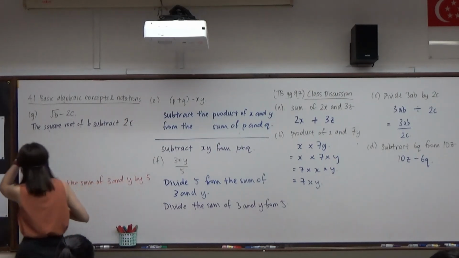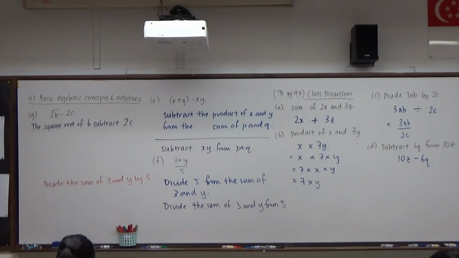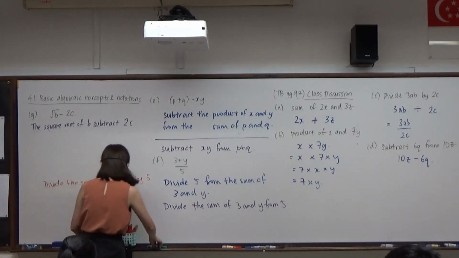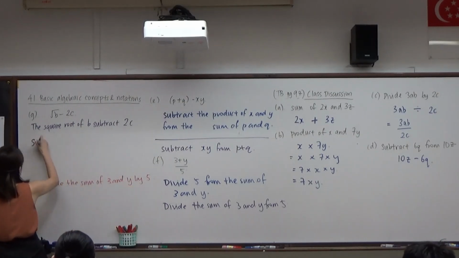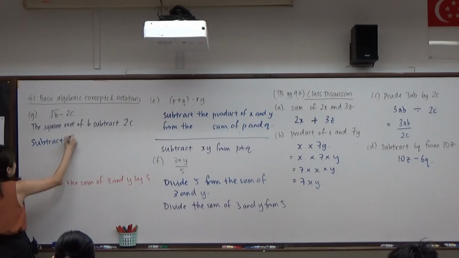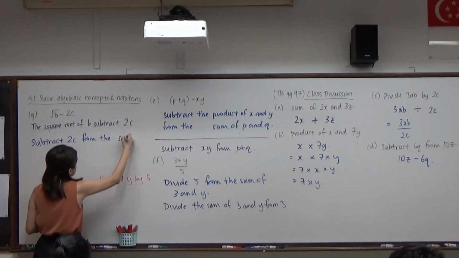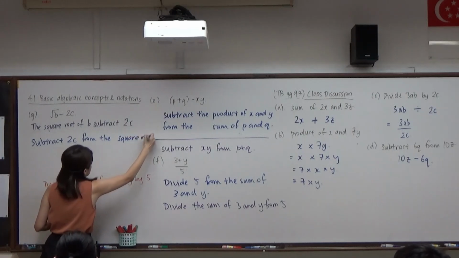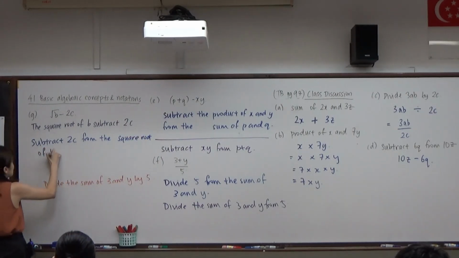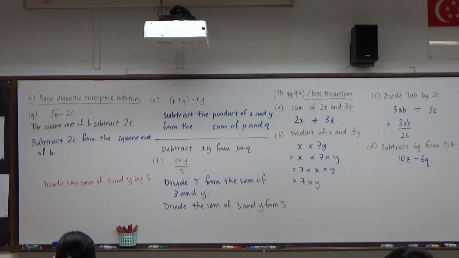Hansha says this: the square root of b subtract 2c. Looks like a lot of people have things to comment on. Maybe let's see the nearest partner, Rose. Subtract 2c from the square root of b. Is this better now?